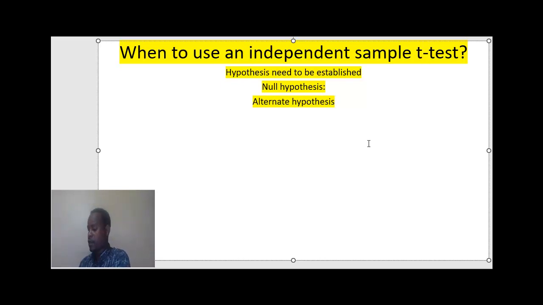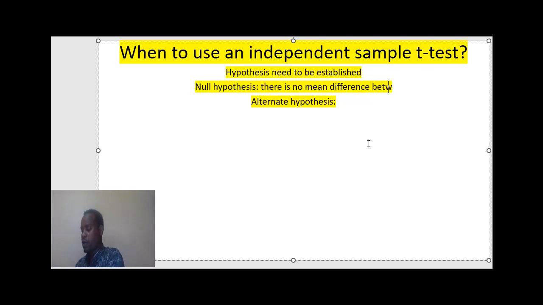Okay, and the null hypothesis of independent sample t-test is that there is no, when we say null, it is none, right? There is no mean difference between the two groups.